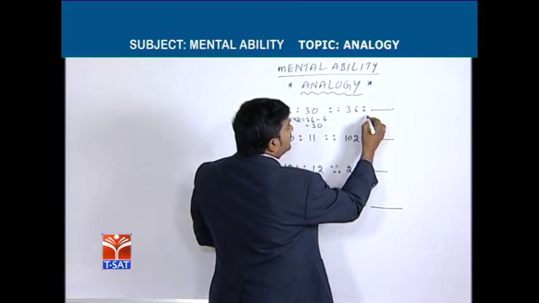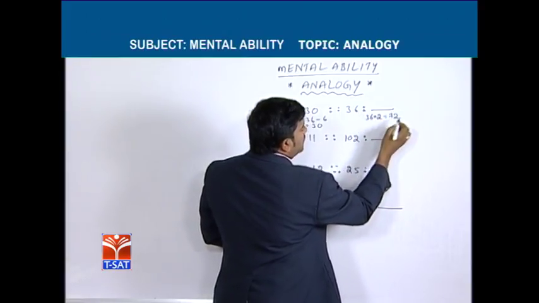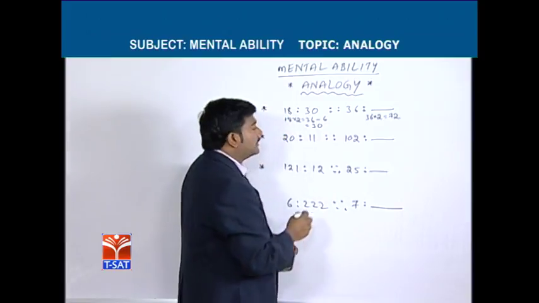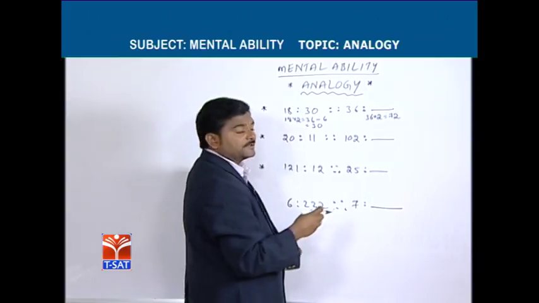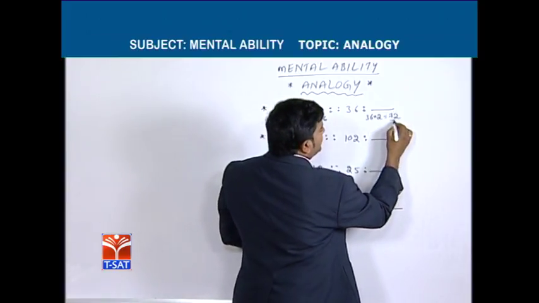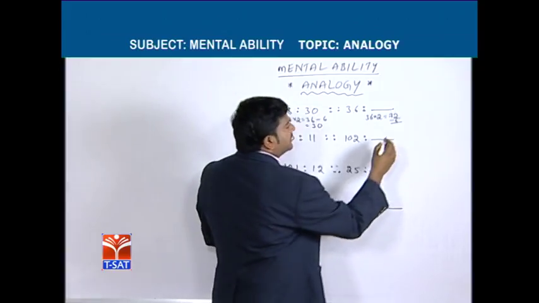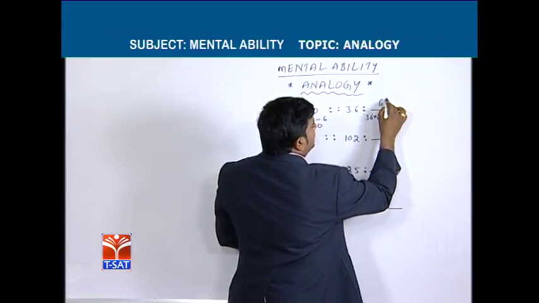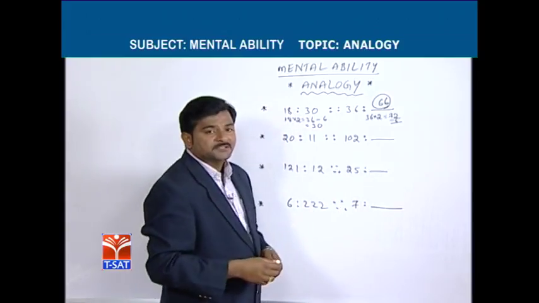So how will you do here? 36 into 2, how much do we know? 72. From 72 again, how much do I need to subtract? 6 I need to subtract. So subtracting 6 from 72, how much am I getting here? 66. Hence the answer for the given question is 66.